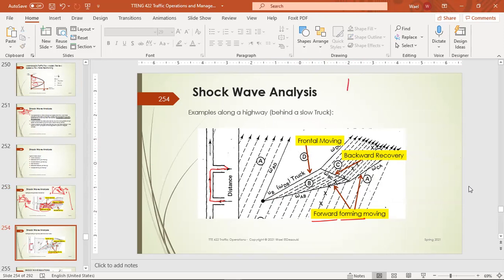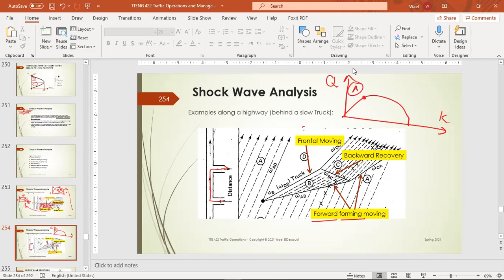If we draw the flow-density diagram, here we have density and here we have Q, and the current state is here, A. That's the current flow.